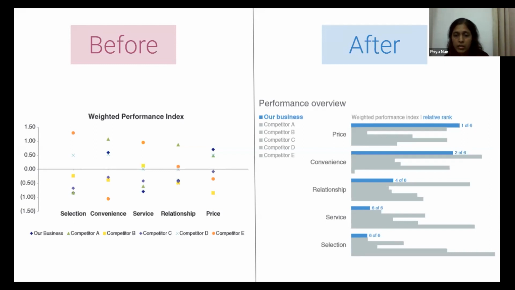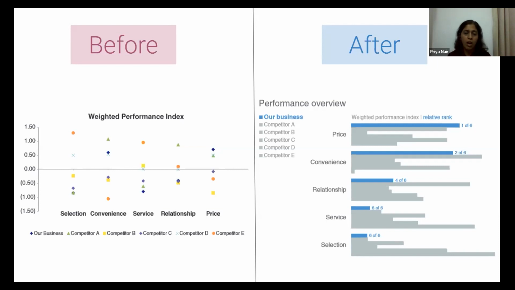But on the x-axis, what they have done is converted this weighted performance index to a positive scale, right? If you look at the earlier version of the graph, the negative points are not adding any value to your business or the management, right? It is more confusing, or they are not even interested to know what value it is. It is not of any importance to them.